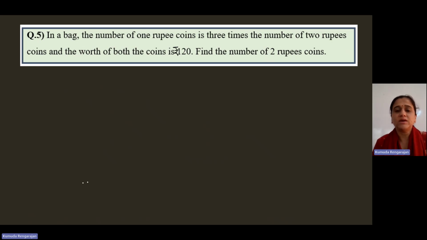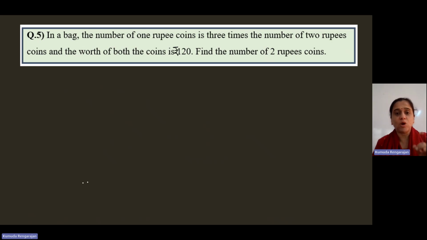The number of 1 rupee coins is 3 times the number of 2 rupee coins. Like supposing you have 5 2 rupee coins, you have 15 1 rupee coins. So which one do you have more? 1 rupee coins you have more.